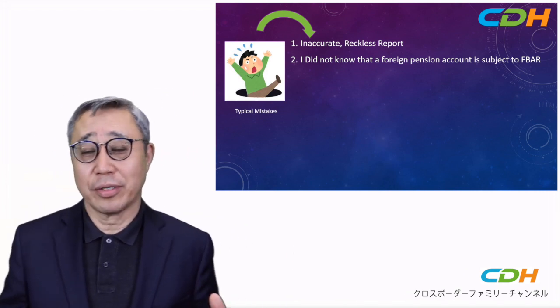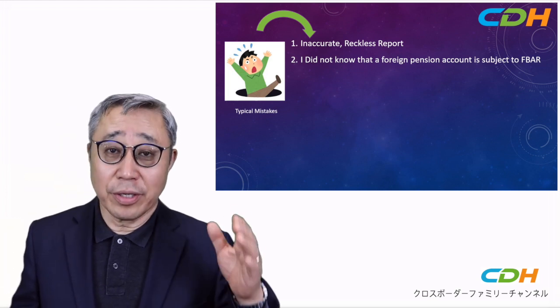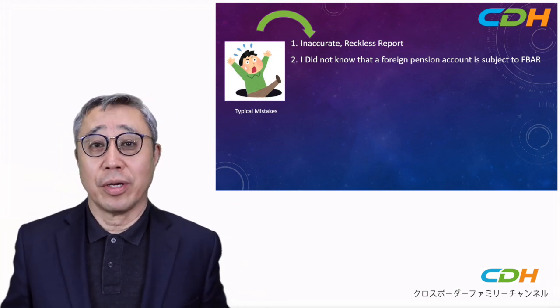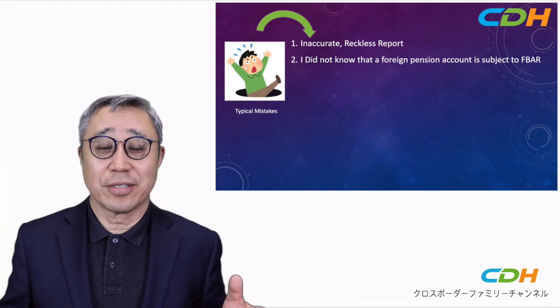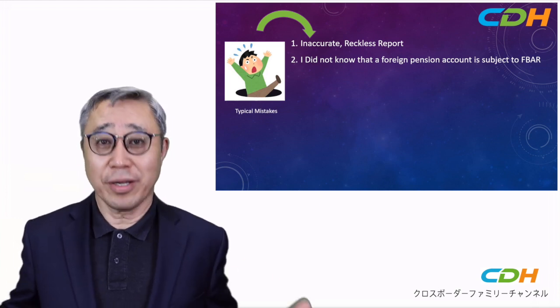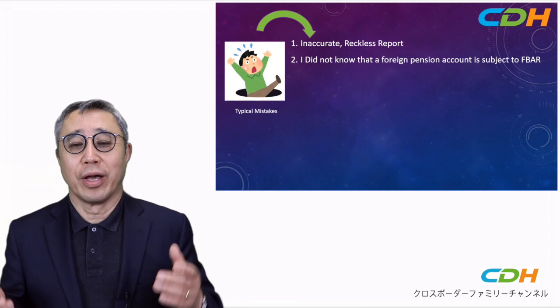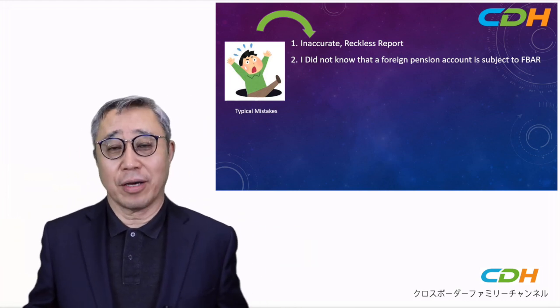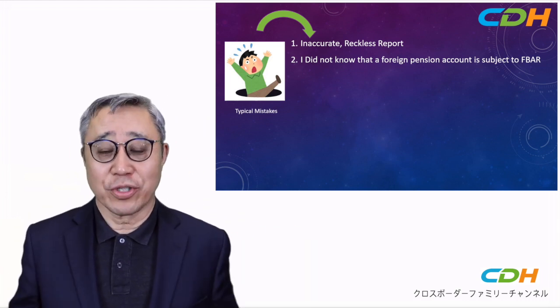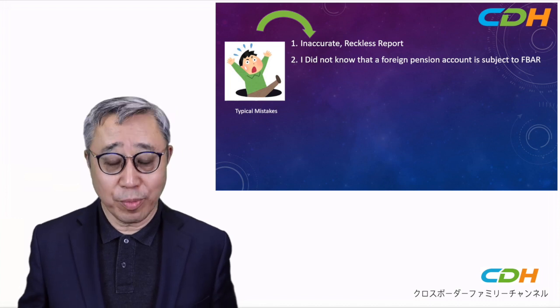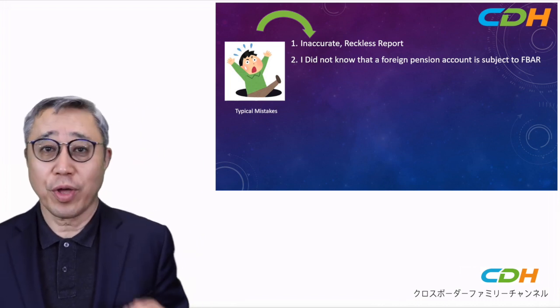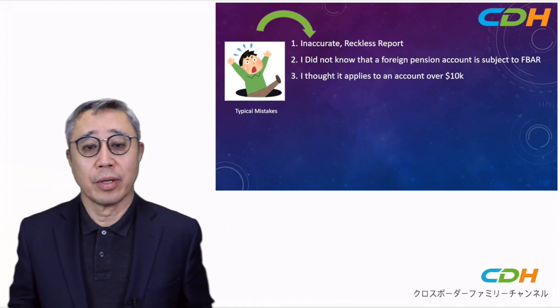Doesn't really matter if it's located in a foreign country. I thought FBAR only applies to bank accounts. No, a pension account is a financial account. It's subject to the FBAR rule. You should have reported it.